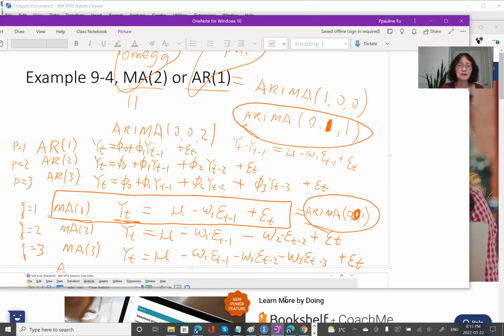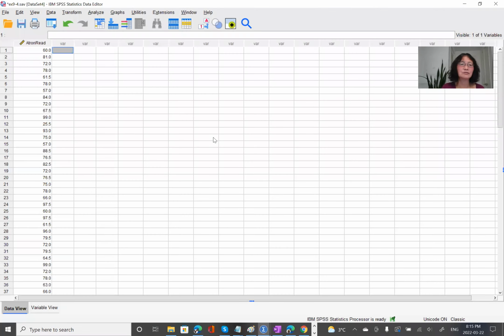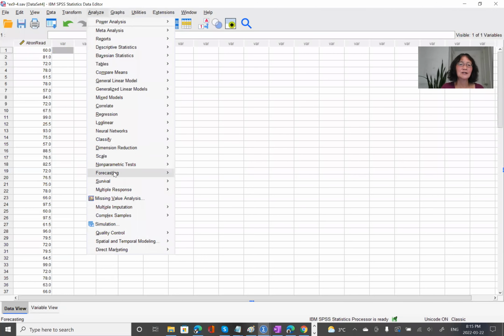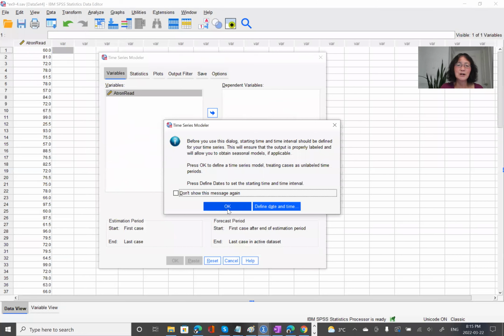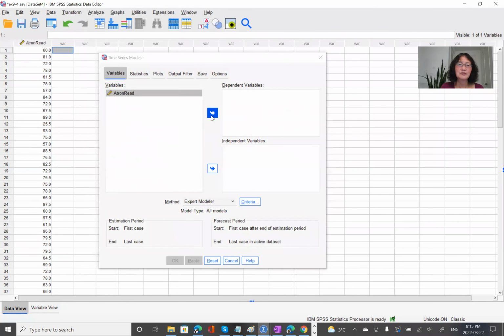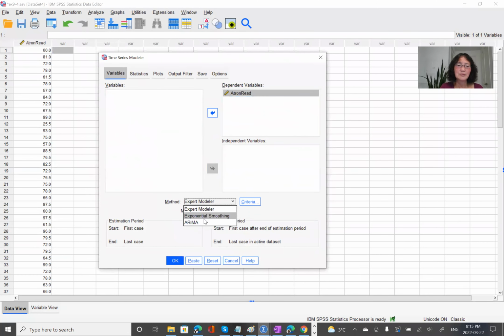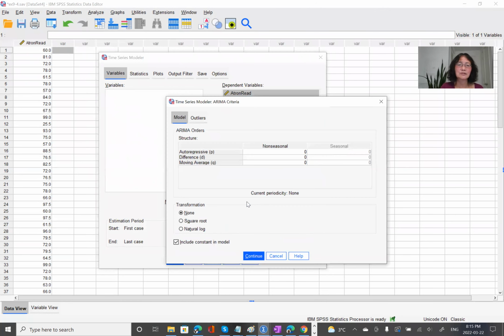Again, I'm going to go fast. After this example, we will take a break. Okay, so do MA2. Go analyze, forecasting, traditional model, and then move into dependent. We propose MA2 criteria, MA2.